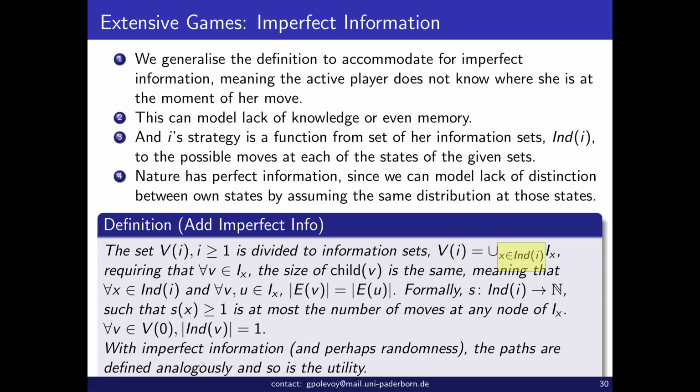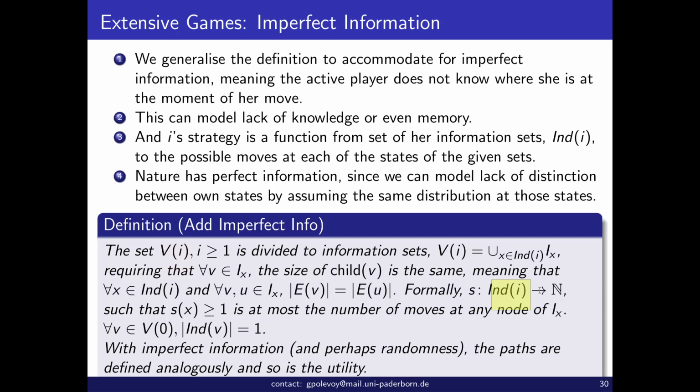And we require that for every state in the same information set, the size of its children set, so the number of edges to the children, is the same. And then the strategy is not a function from Vi, but a function from the index sets.